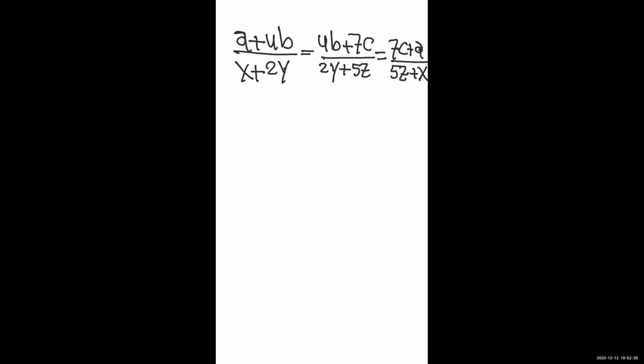Now it becomes more complicated. It's not like a over b equals c over d, then it will equal m. It's not that easy, right? So in this case, we have to use the second method.